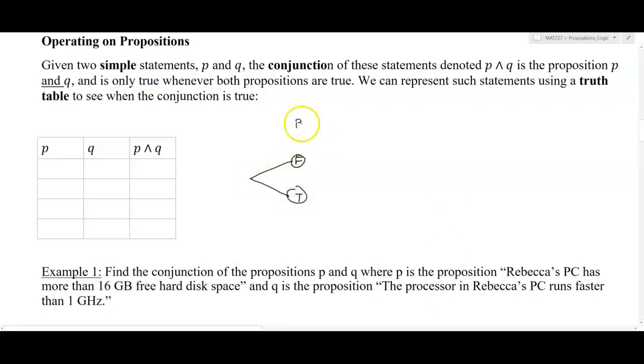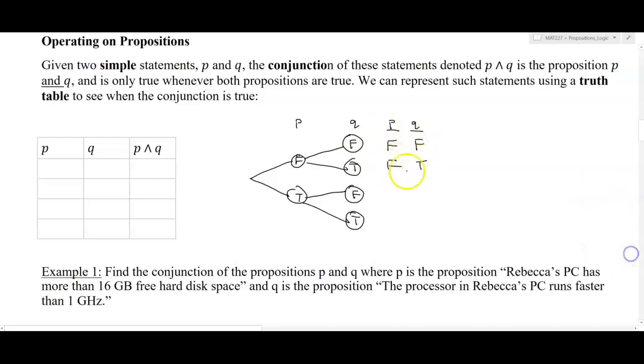So this is statement P. And then if P is false, then Q could still either be false or true. If P is true, Q could still be false or true. These are independent statements. And so we can see in our truth table that P and Q could be false, false, false, true, true, false, or true, true.